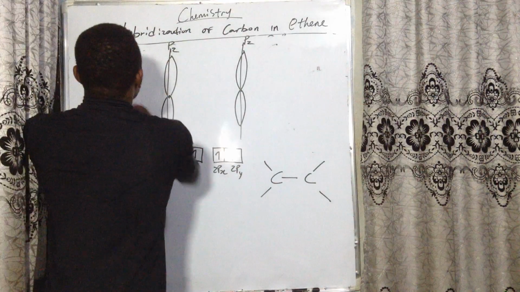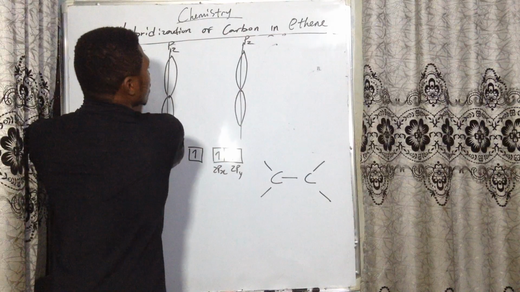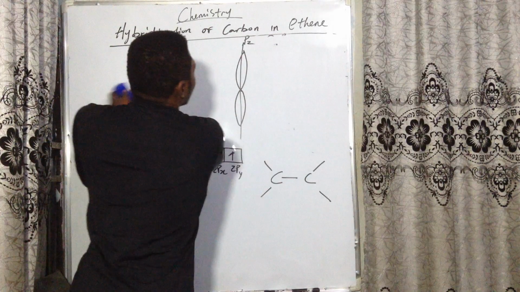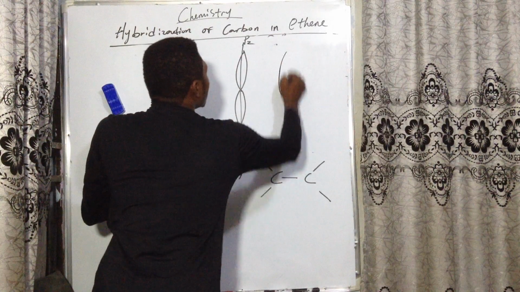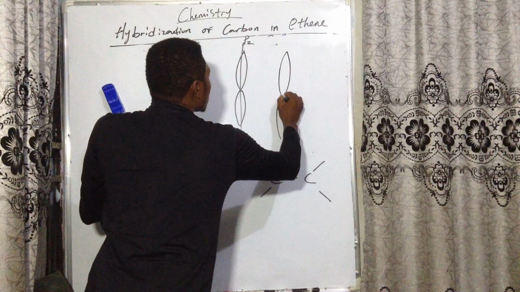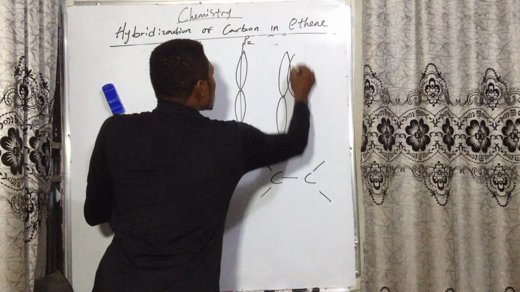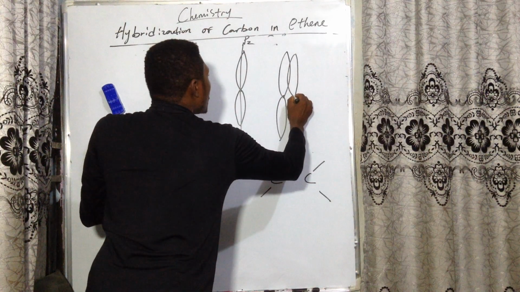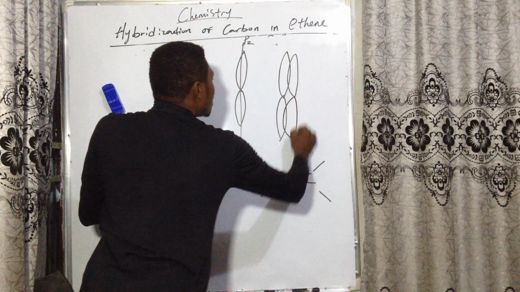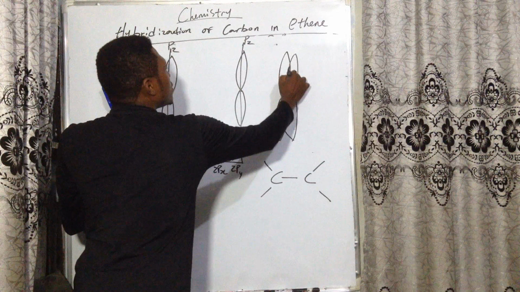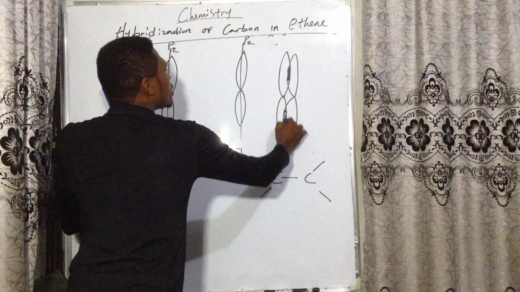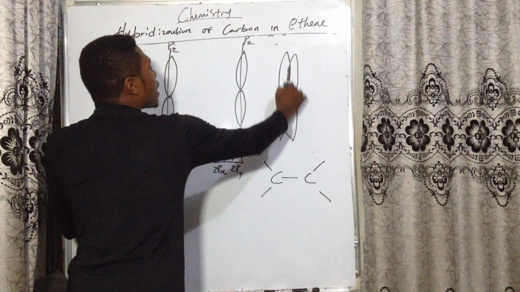Now, when they come together, they will bond like this. See the bond here. They will bond like this, above and below the plane. That is, look at it. You see this shaded area? This is where they overlapped.